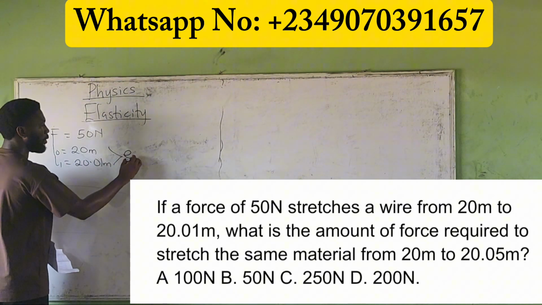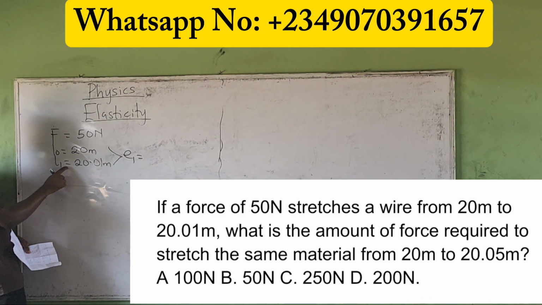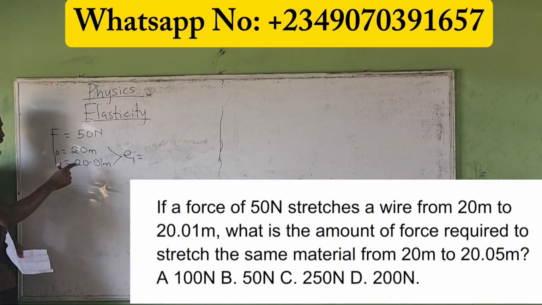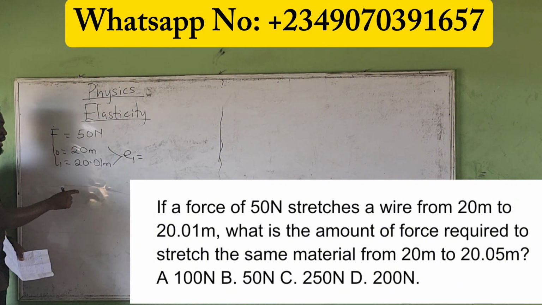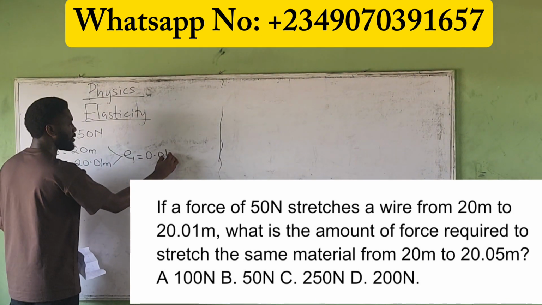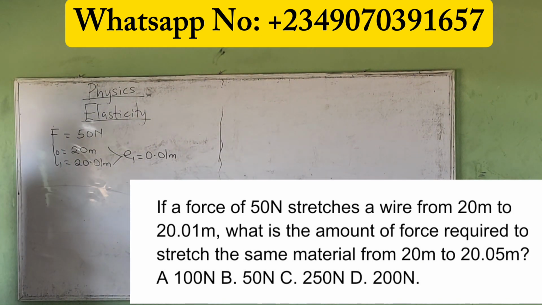That's E1. E1 is L1 minus L0, and that gives us 20.01 minus 20, which is 0.01 meters. Do you understand that?